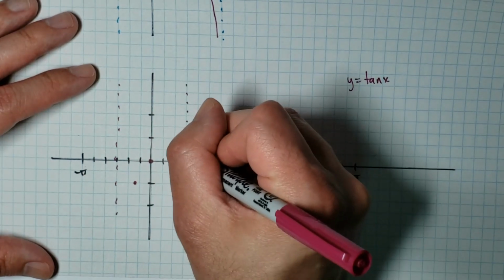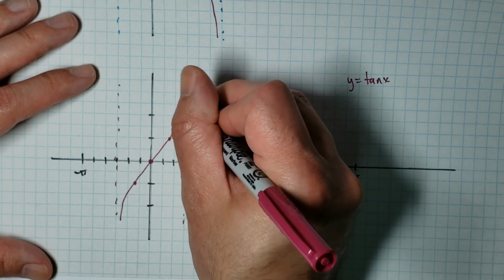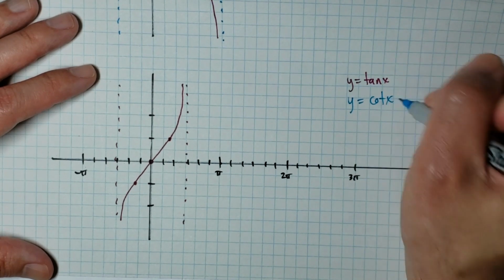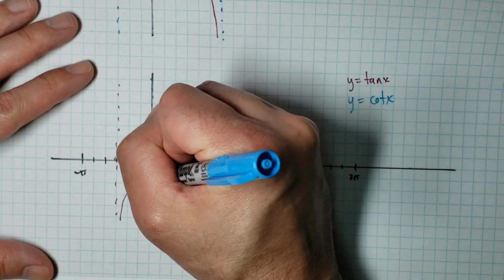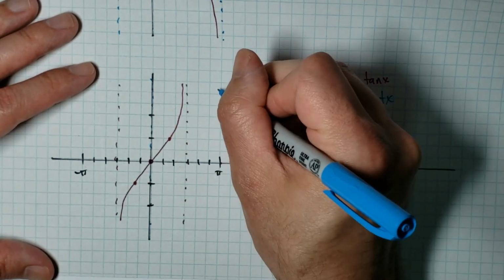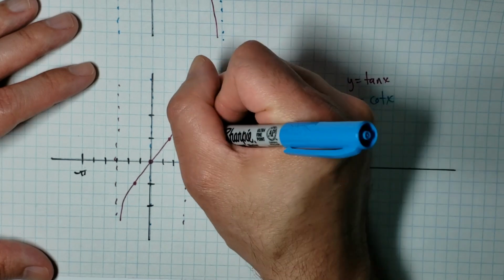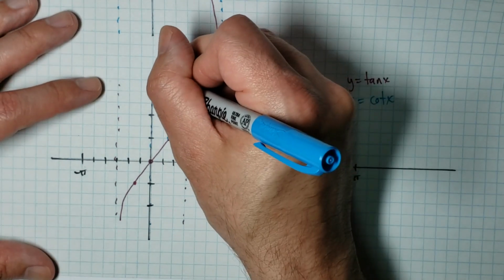Then down to the quarter waypoints. We draw that. Let's draw cotangent in blue. So we know it starts at an asymptote. Move over the period. Halfway in the middle, that point. Goes like this.